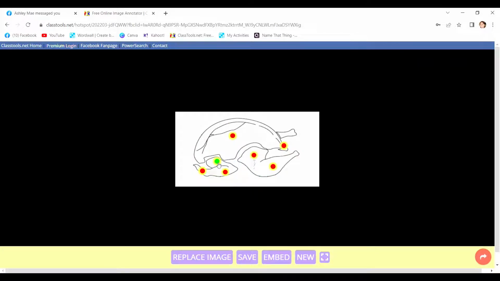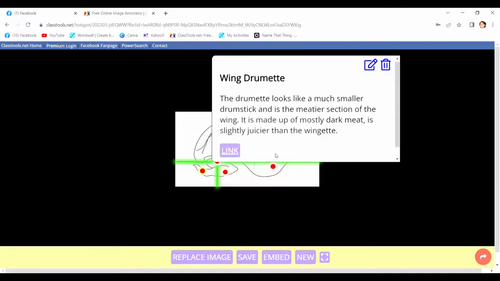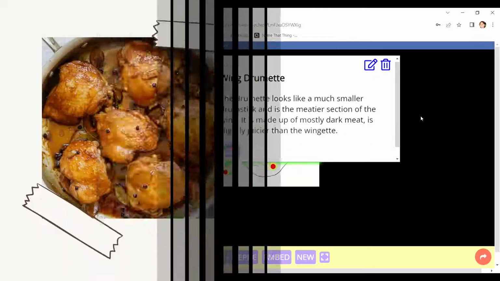Next and lastly, we have the wing drummet, a much smaller drumstick. It's like a drumstick, but it's not. It is the meatier section of the wing part. It is mostly dark meat. That is why it is juicier compared to the wing tip.